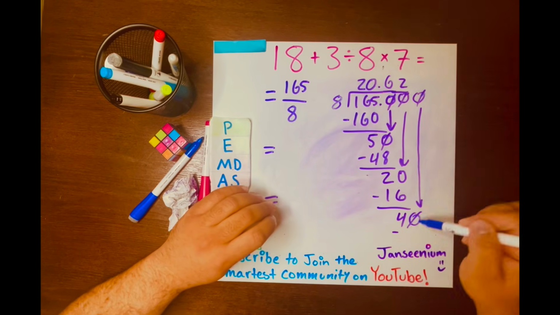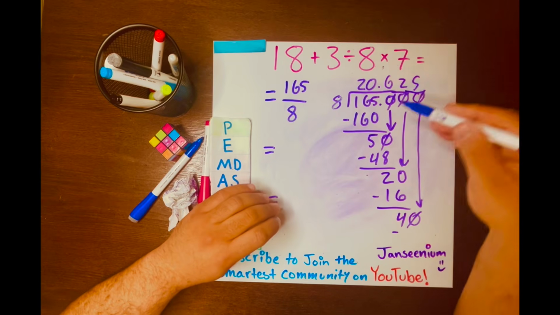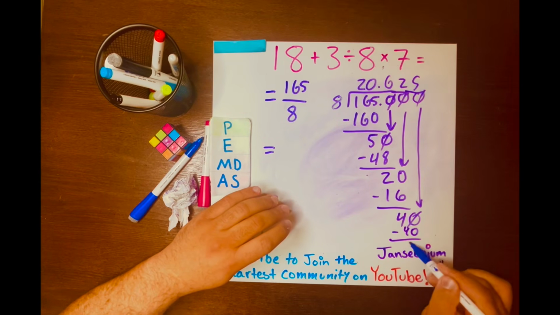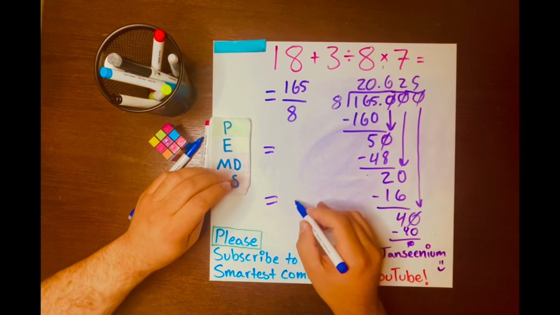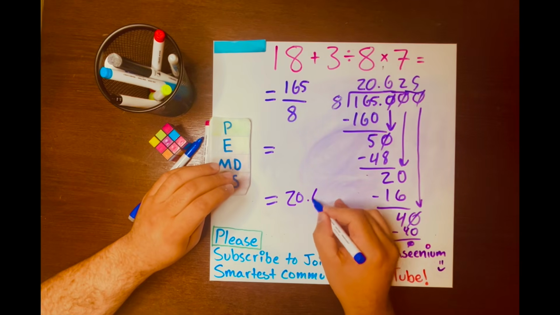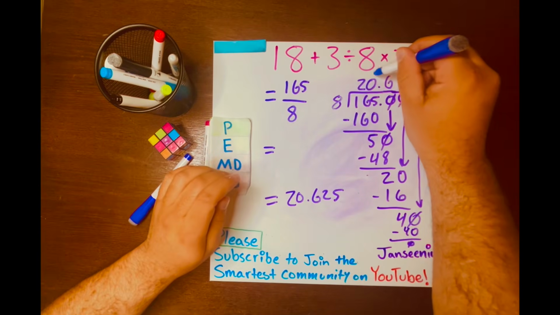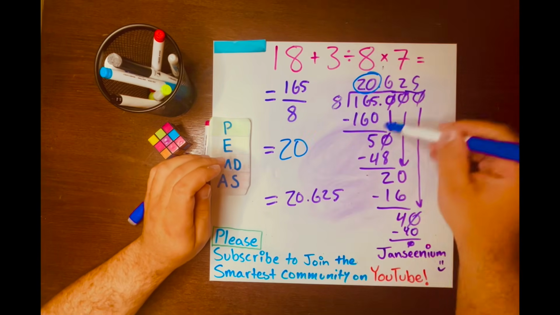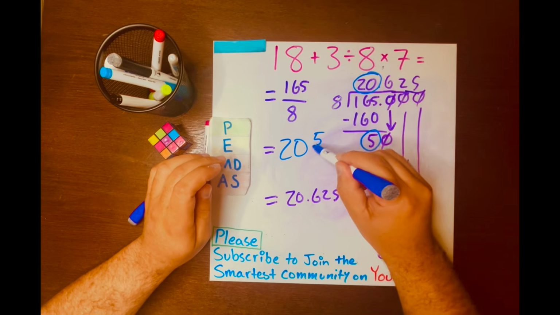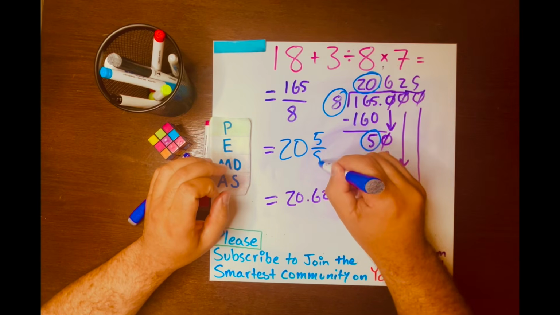And then you can fit 8 into 40 5 times, and 5 times 8 is 40, and 40 minus 40 is 0. So your decimal answer is 20.625, and your mixed number answer is the whole number 20. The remainder, 5, goes above the fraction bar, and the 8 goes below the fraction bar.